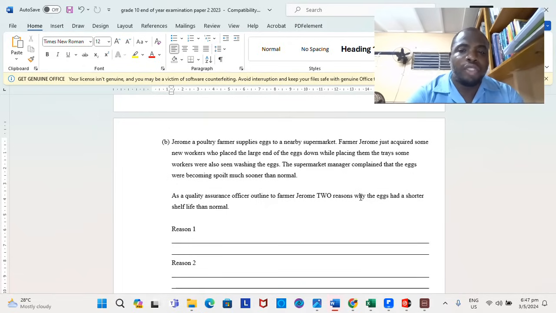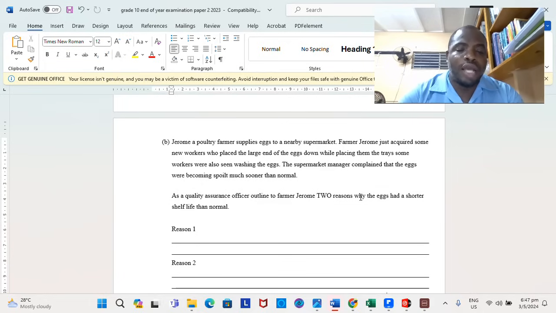Farmer Jerome just acquired some new workers who place the large end of the eggs down while placing them in the trays. Some workers were also seen washing the eggs. The supermarket manager complained that the eggs were becoming spoiled much sooner than normal.